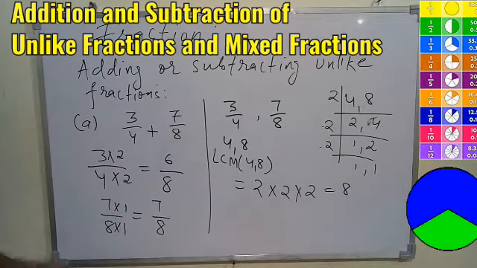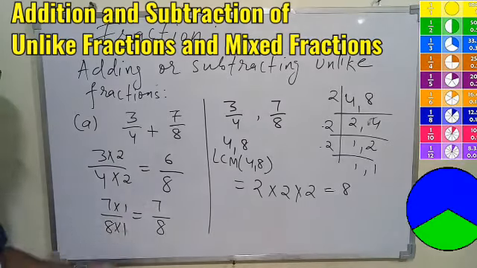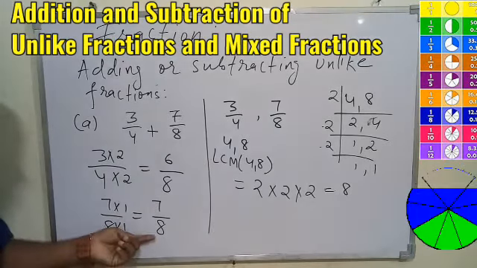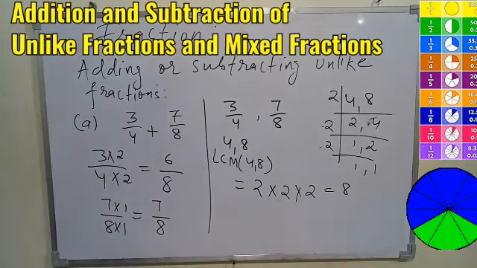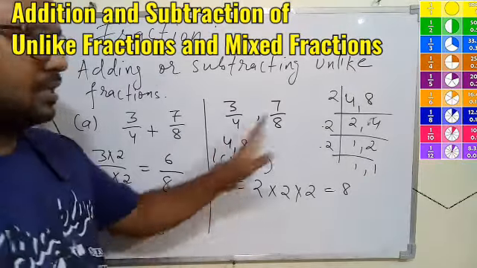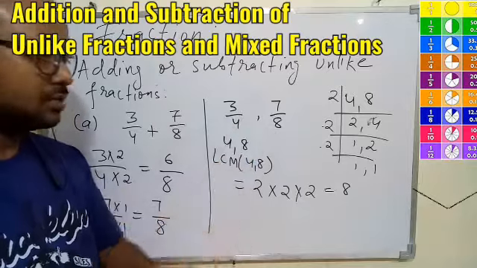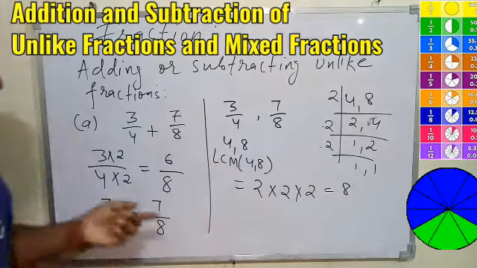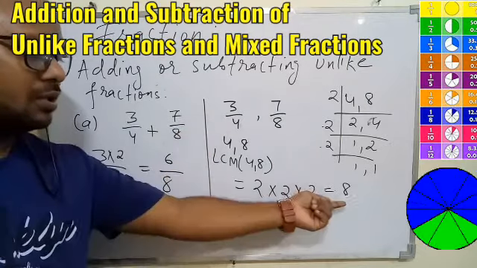Now we got two different fractions, 6 by 8 and 7 by 8, and both have the same denominator, so both are like fractions, and now we know how to add like fractions. These steps we understood already: find the LCM of the denominators of the unlike fractions, then convert the denominator of both fractions into the LCM.